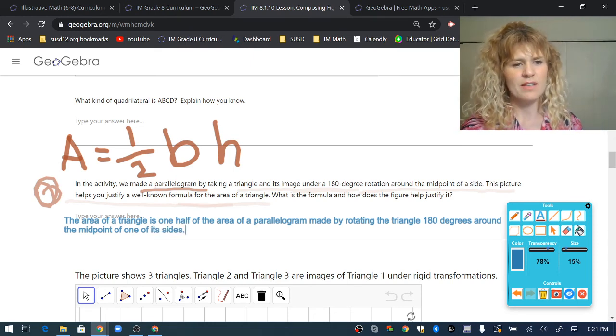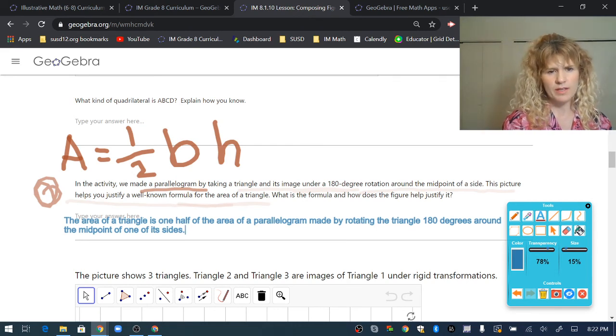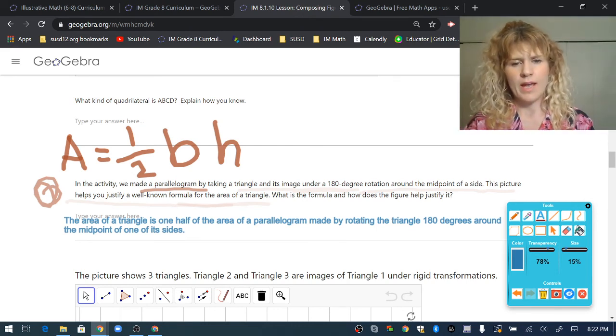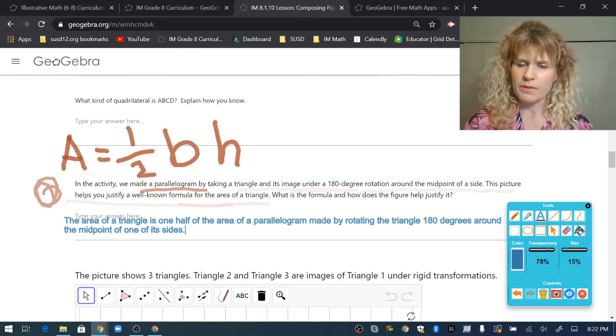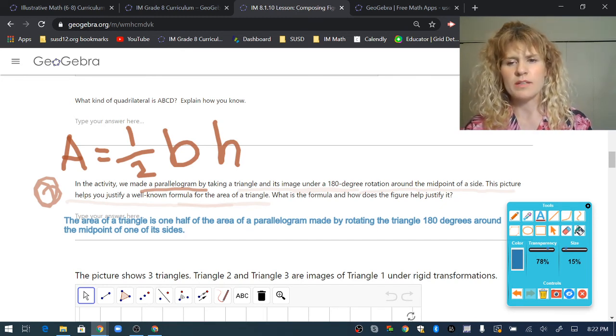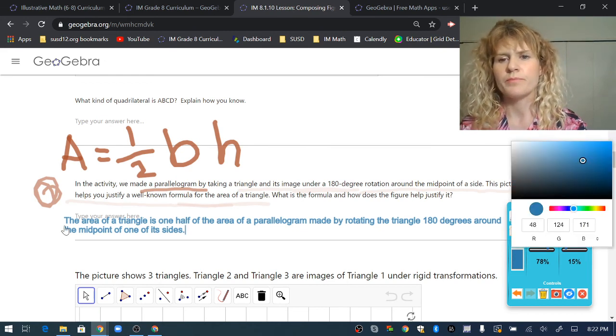Let me say that again. The area of a triangle is 1/2 of the area of a parallelogram made by rotating the triangle 180 degrees around the midpoint of one of its sides.